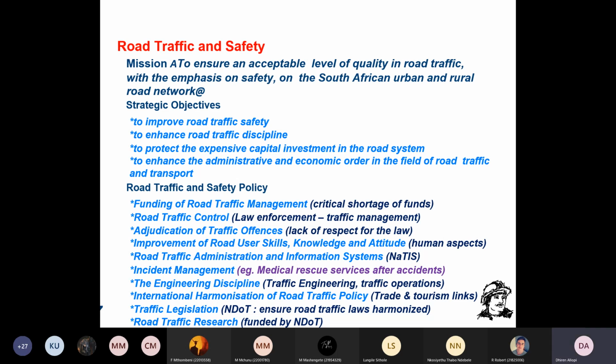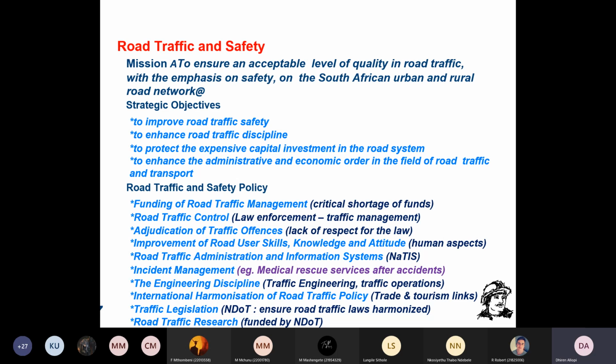And the main reason for that was due to the high accident rate in South Africa. As I said, if you go and try and download some of the stats, you will see South Africa is one of the worst countries in terms of road safety. Very high accident rate. And various initiatives were implemented by the National Department of Transport, by the provincial as well.